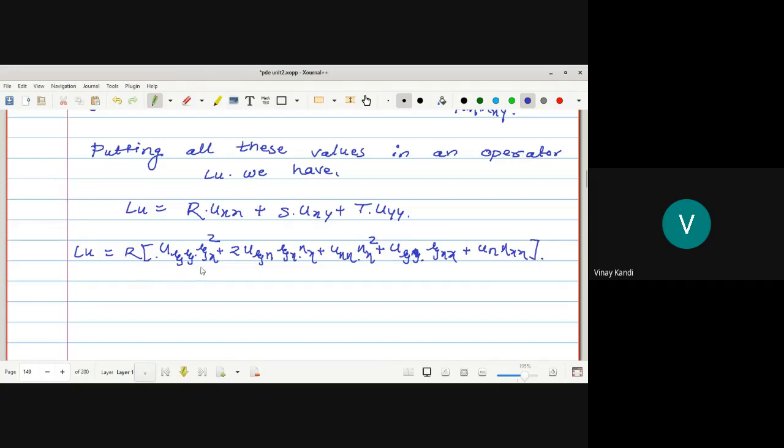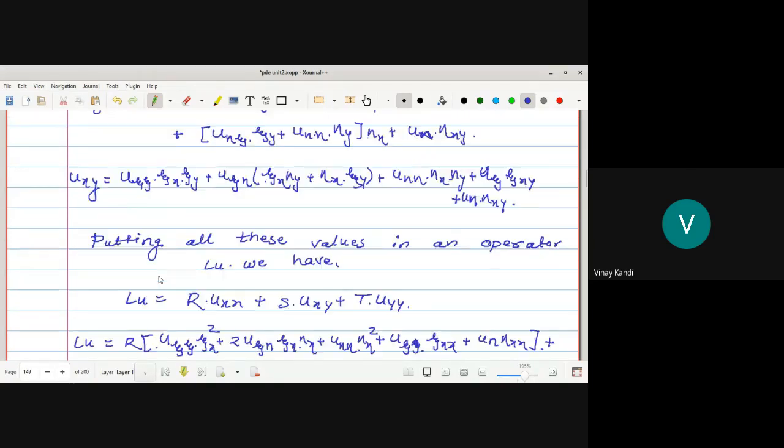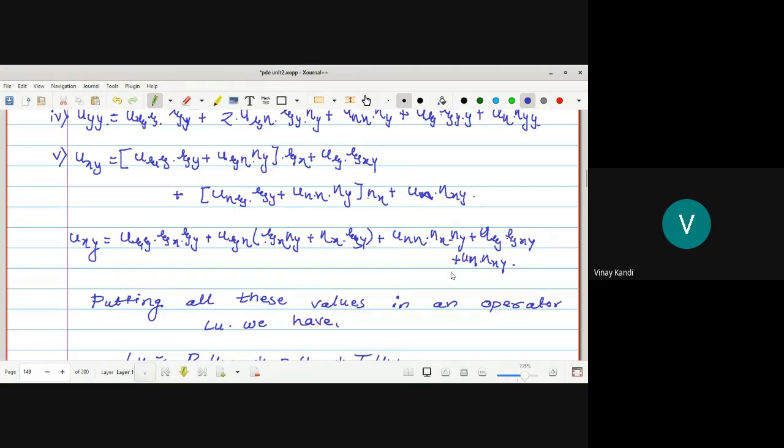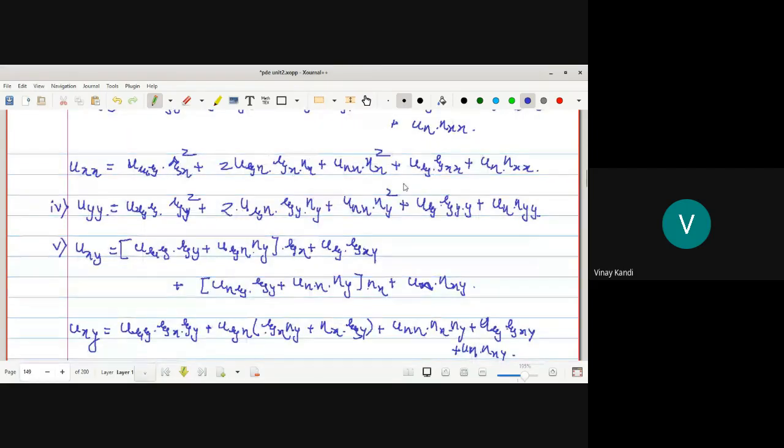This is R into this one, plus now S into u_xy. What is the value of u_xy here? This one. Now put the value of S into u_xy. This one.